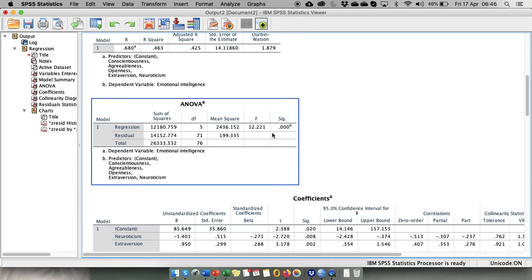What ANOVA gives you is whether the model as a whole is significant. And this is pretty much the values you report. So you report your degrees of freedom for regression lines and for your residuals, your F value and whether it's significant or not, to say overall the regression model was significant.